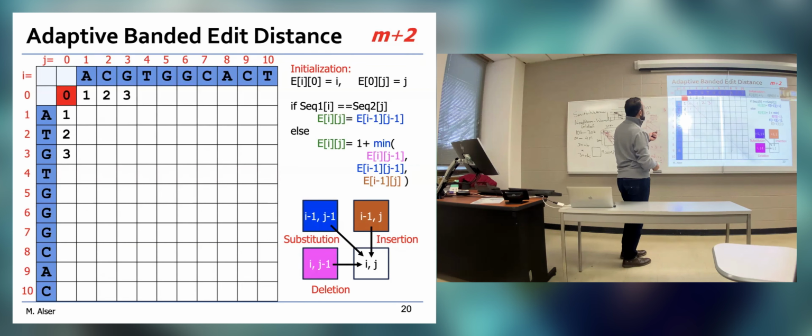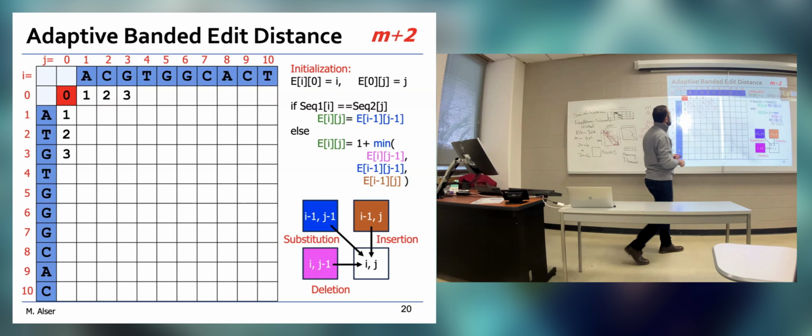Excellent, good point. So 3 is still within the limit, so we continue. We don't stop, okay? Until it exceeds the limit, okay? So now T and G, are they similar? No. So what we do, this is the only minimum we have, plus 1, then 4, okay? Excellent.